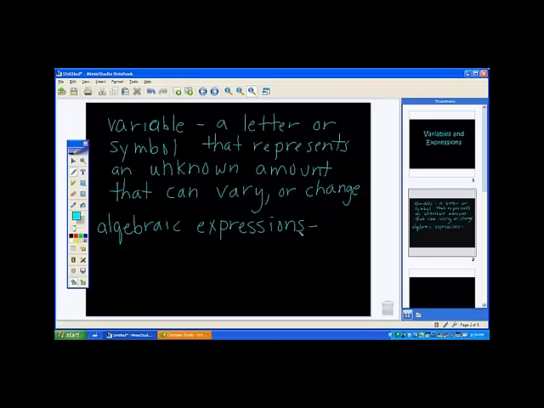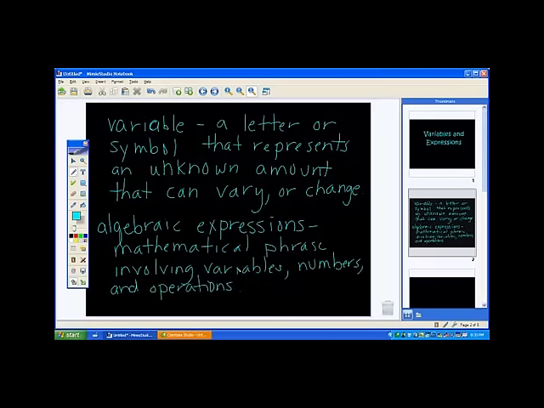So an algebraic expression is a mathematical phrase involving these variables, and it also deals with numbers and operations. So when you're doing algebraic expressions, you're going to see some variables, which will be using letters. You're going to see numbers just like in regular expressions, and our four operations, which are addition, subtraction, multiplication, and division.